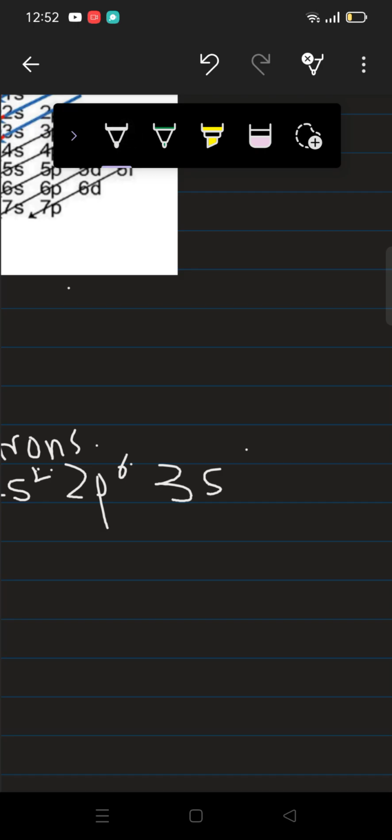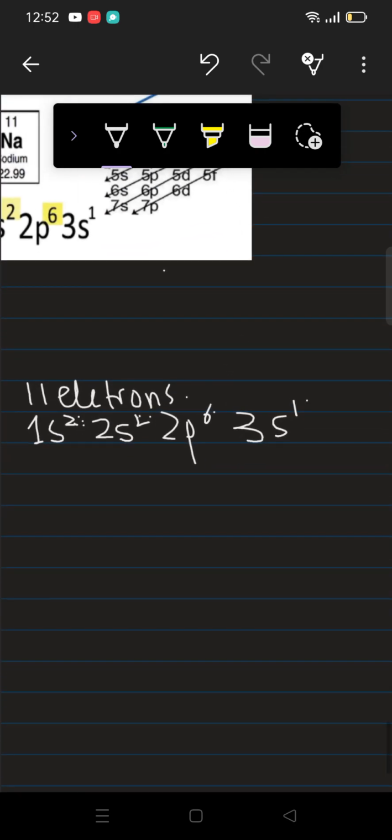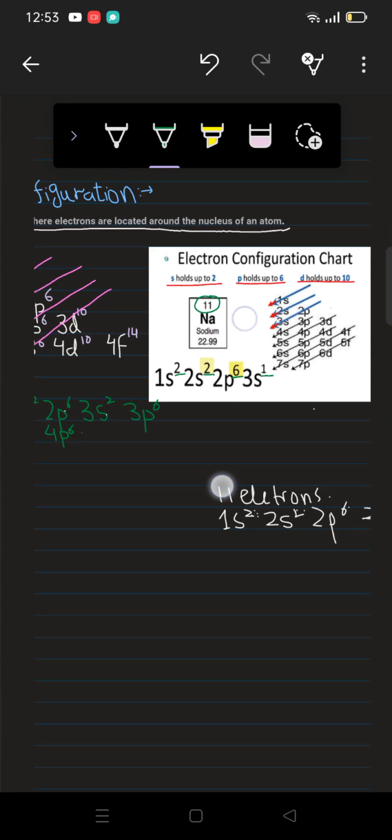So this 3s2 will possess only 3s1. Alright, so the electronic configuration of the sodium atom would be 1s2, 2s2, 2p6, 3s1. If you count all this, 2 plus 2, 4. 4 plus 6, 10. 10 plus 1, 11, which is the atomic number of sodium.